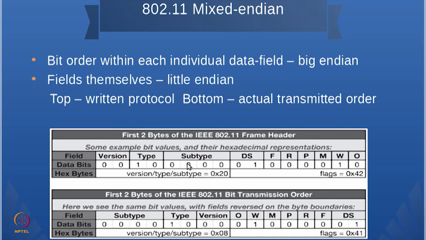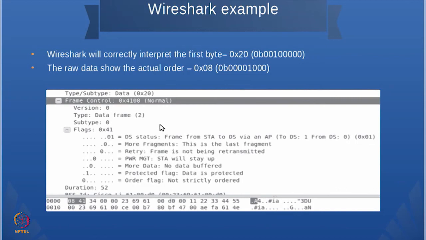This is the way it is represented, but the way it gets transmitted is the other way around. The subtype gets transmitted first, then the type, and the version gets transmitted third. But you do not have to worry about it, because Wireshark will correctly interpret these things.